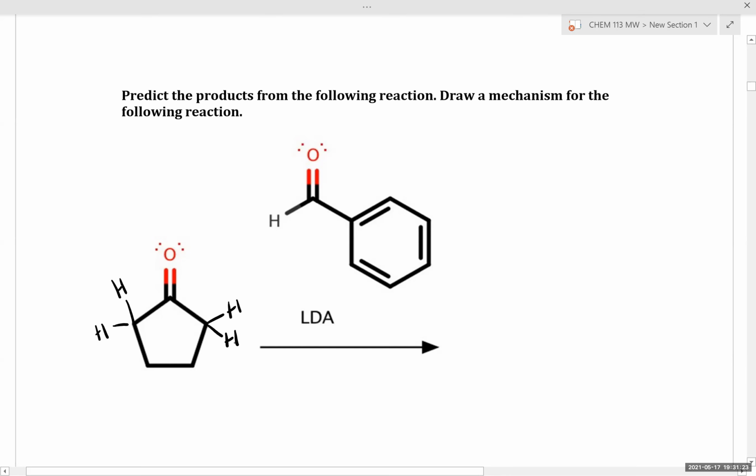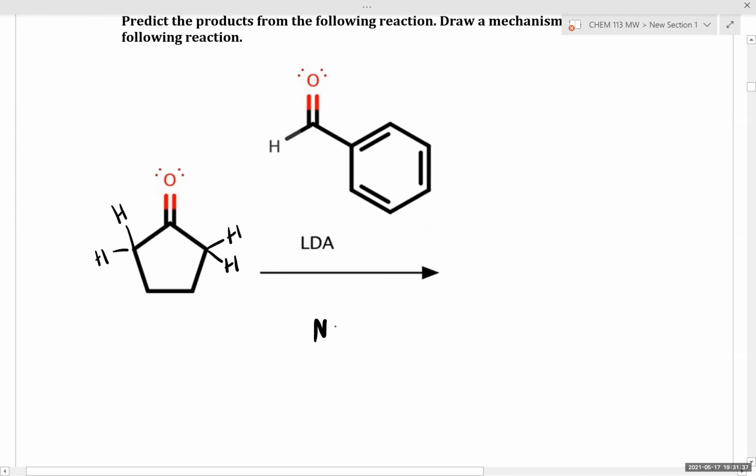So as a result, when we treat this mixture of our ketone and aldehyde with base, only our ketone has alpha protons that can be deprotonated. Just as a reminder, LDA is a common strong organic base that's used to generate enolates. It's a very strong organic base that can be used to deprotonate the alpha position of a range of compounds.